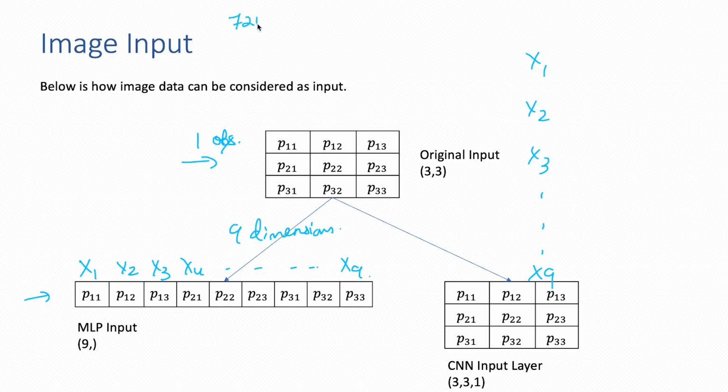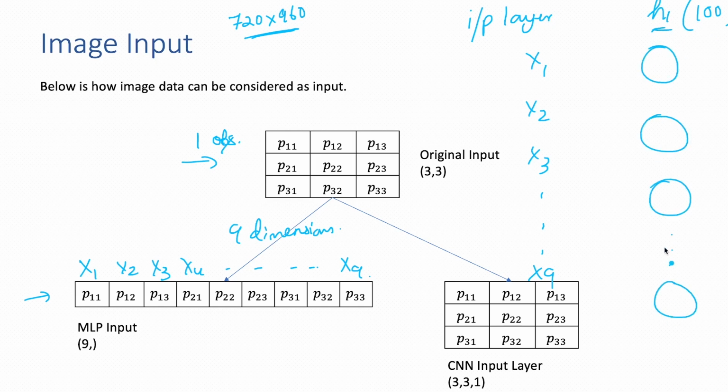For an image of 720 by 960, you will have 720 multiplied by 960 dimensions. I believe it's pretty much clear. So this is your input layer, this is your hidden layer H1, and let's consider an arbitrary size of 100. There are 100 different neurons associated with hidden layer H1. In a fully connected network, every single neuron within hidden layer H1 receives all of these inputs.